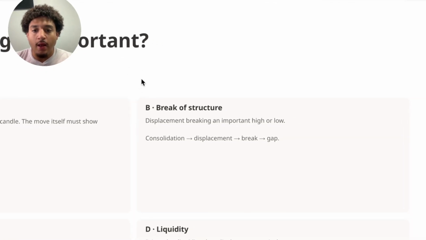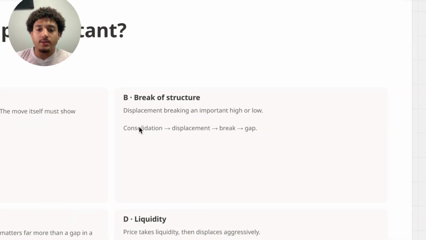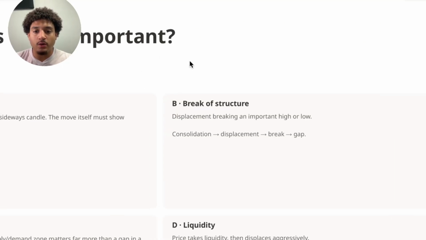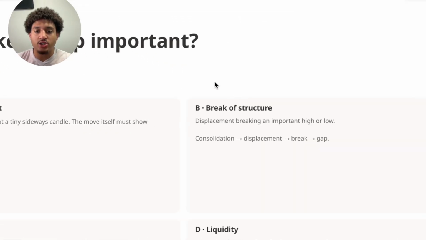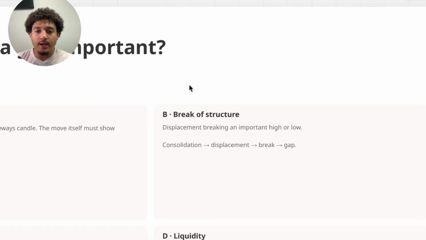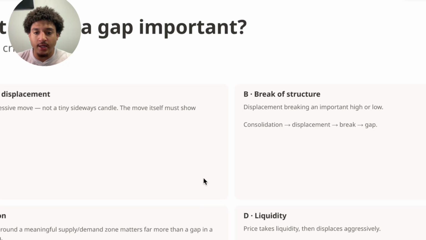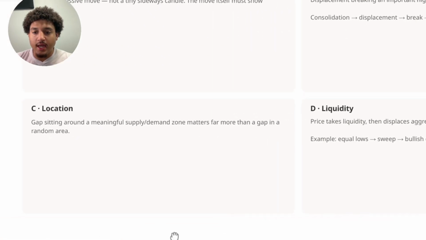B, break of structure: displacement breaking an important high or low. Consolidation, displacement, break, gap. Break of structure is very important, especially within my strategy. If there's no break of structure, we're not trading. C, location: a gap sitting around a meaningful supply and demand zone matters far more than a gap in a random area.